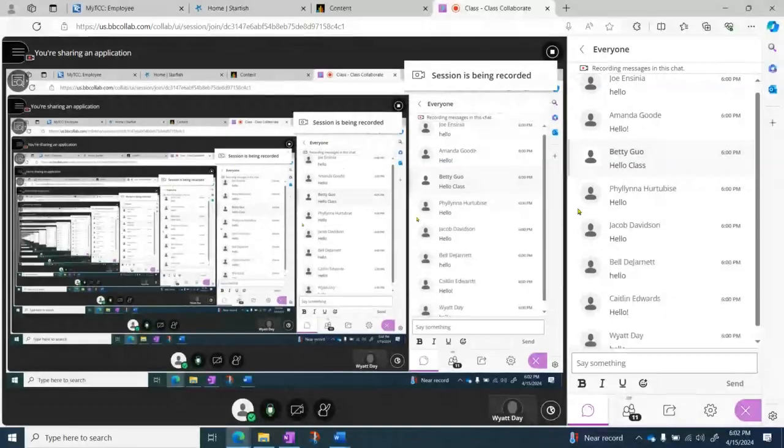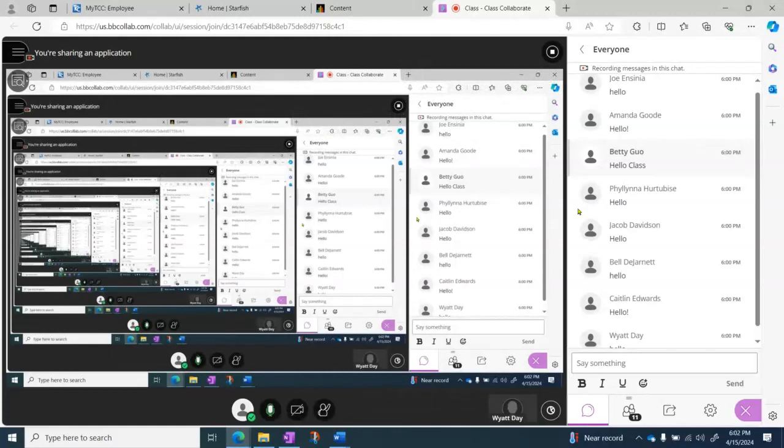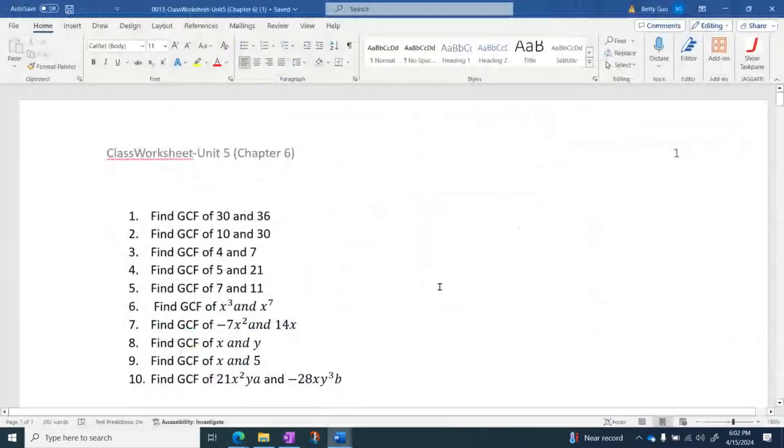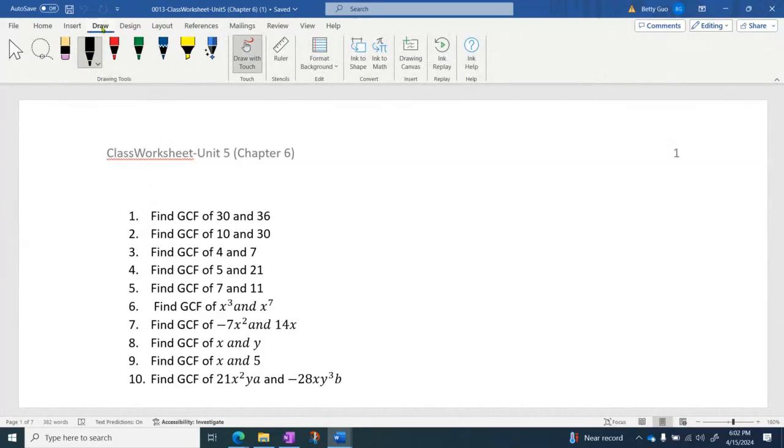Hello everybody. Today we are going to start chapter 6, the most important chapter of this Foundation 2 class. Let's start from remembering what is GCF. And we have two special cases when we're looking for GCF of two numbers.